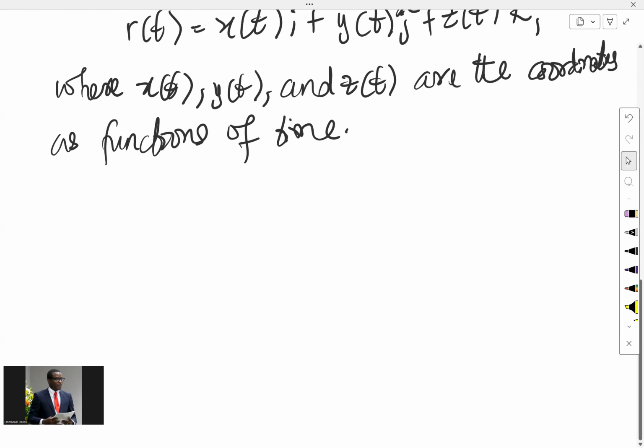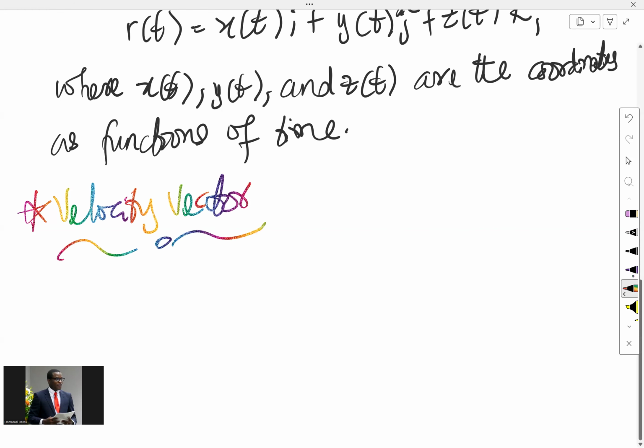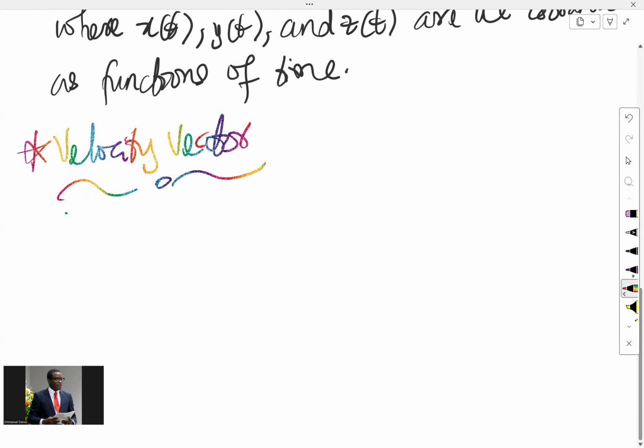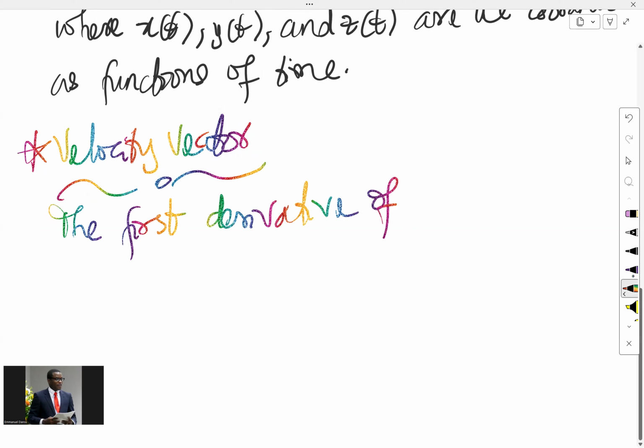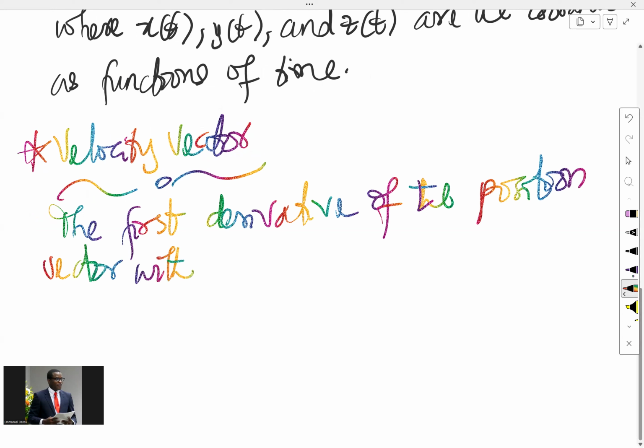So now let's talk about velocity vector.